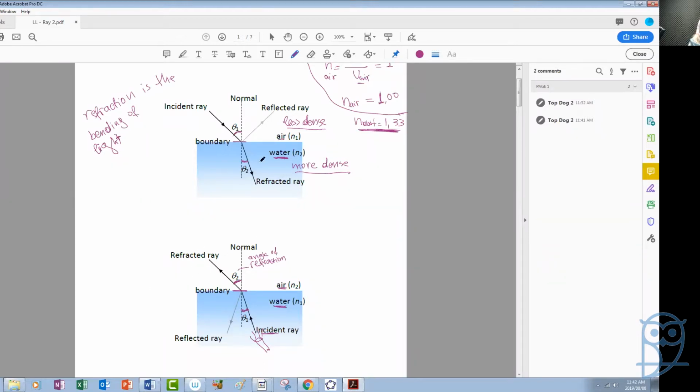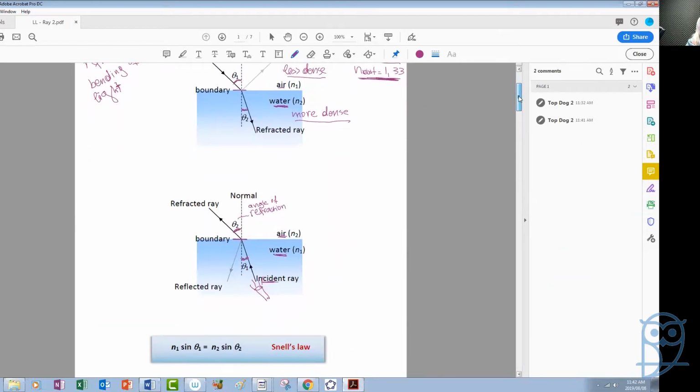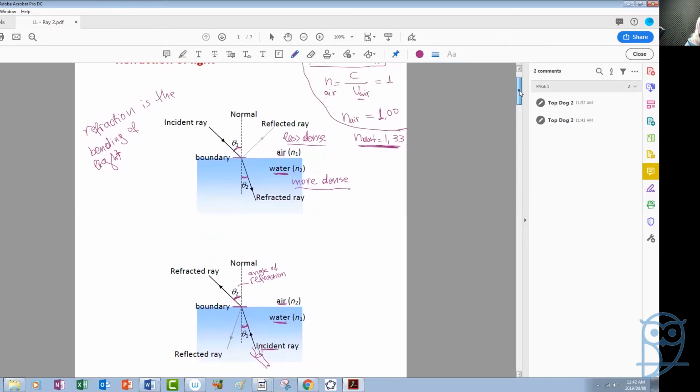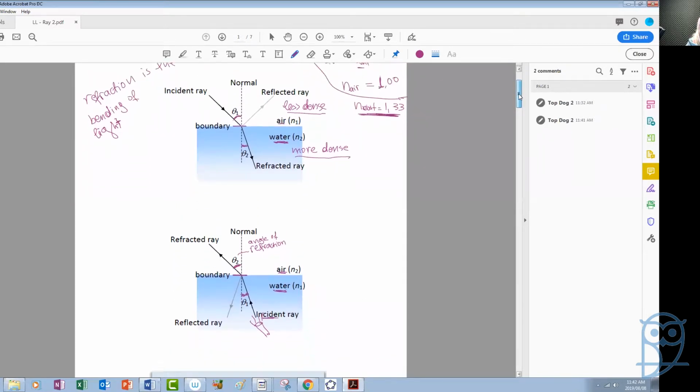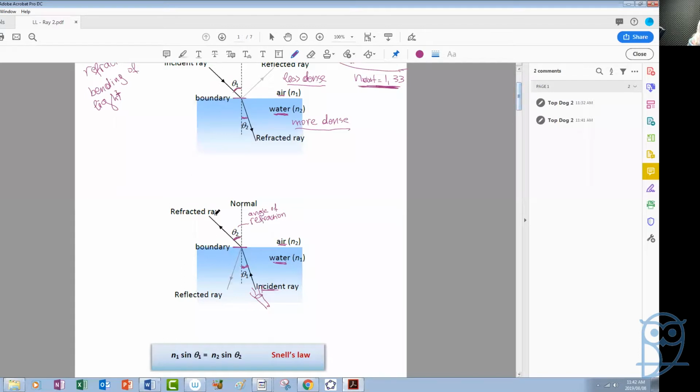Now, there is a law that we can use to tell us by how much the light refracts away or towards the normal. The law that we call Snell's law, and we're going to take it straight away as given, which says that here is Snell's law. I write the first part in this form, because it's easier to remember.